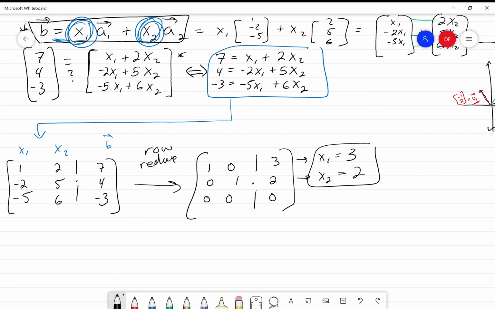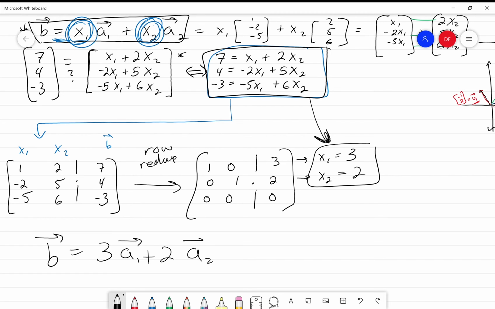This is the same thing as asking, does this system of linear equations have a solution, at least one solution? And yes, it does. And so I have b equals 3 times a1 plus 2 times a2.